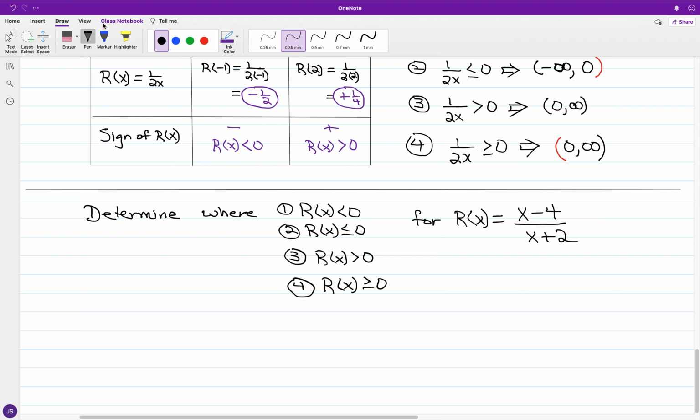Just in the case of comparison to 0 inequalities, we have assigned the rational function r of x equals x minus 4 all over x plus 2.